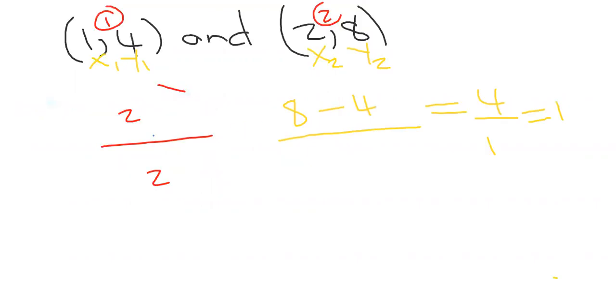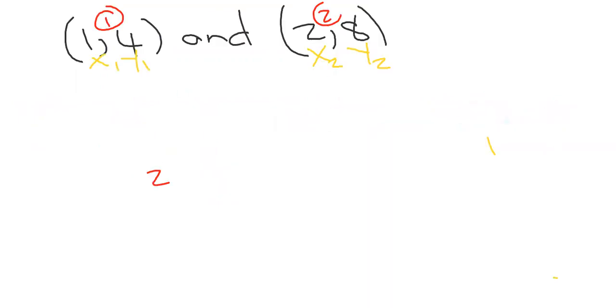The next thing that follows is we have to look for our y-intercept. So we go back to the formula y equals mx plus c. We now have the value of m, so we want to look for the value of c. To find c, pick one set of coordinates from those that you have.